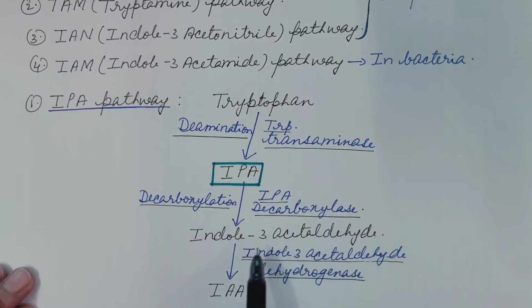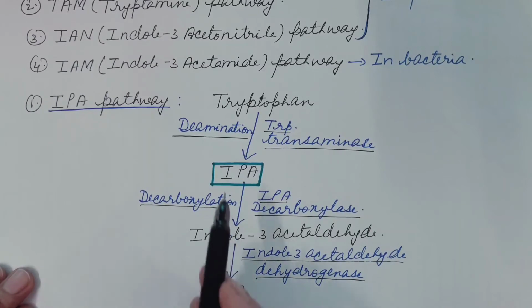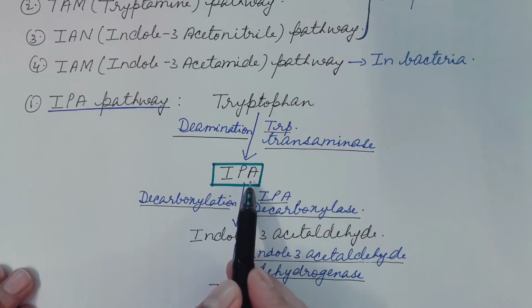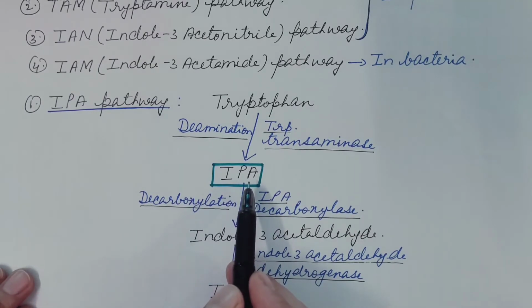This Indole-3-acetaldehyde then undergoes dehydrogenation in the presence of the enzyme Indole-3-acetaldehyde dehydrogenase and is converted into Indole-3-acetic acid, that is the naturally occurring auxin. So here the first intermediate of the pathway is IPA, hence it is known as the IPA pathway.